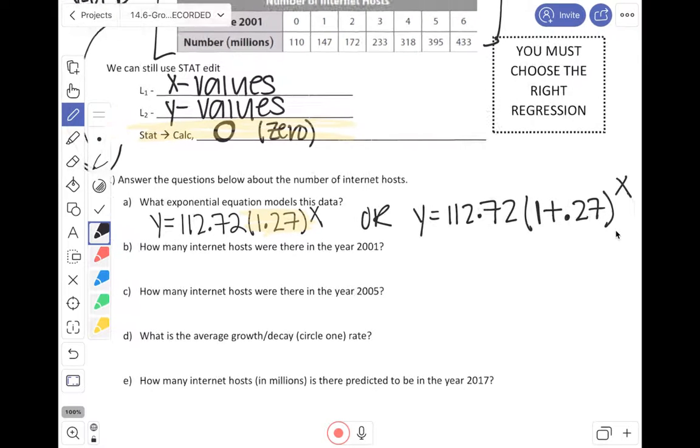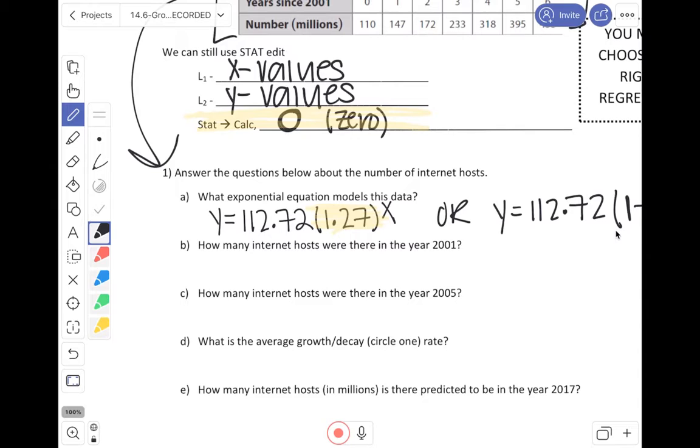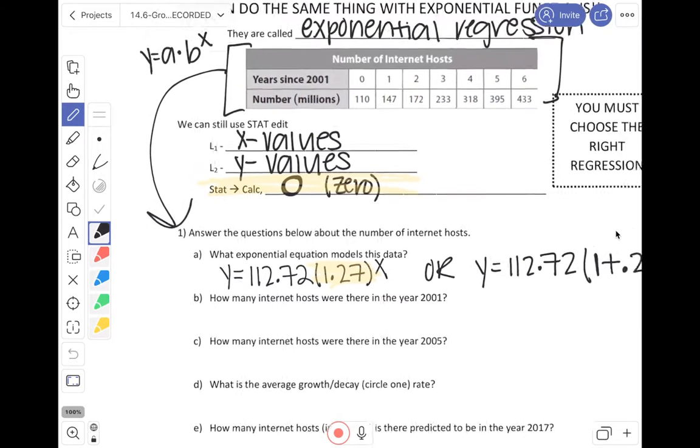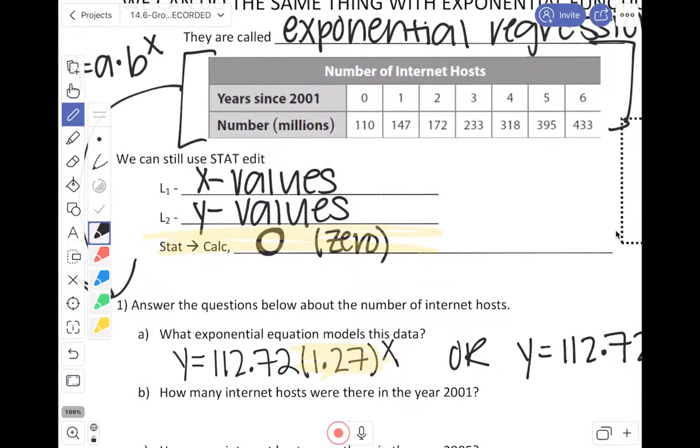It says, how many internet hosts were in the year 2001? Well, years since 2000 is my X, number in millions is my Y. So for 2001, we've gone 0 years from 2001, we're still in 2001.